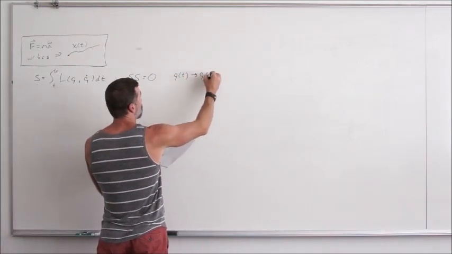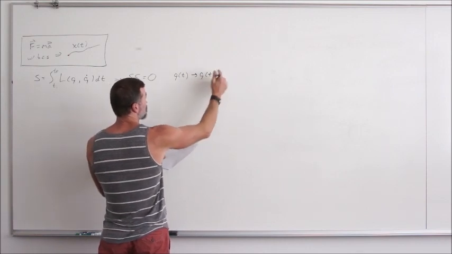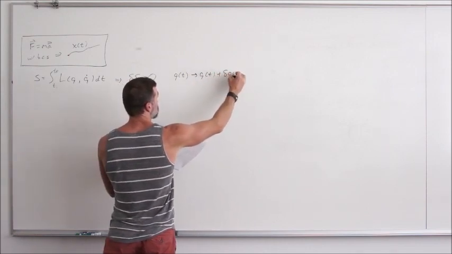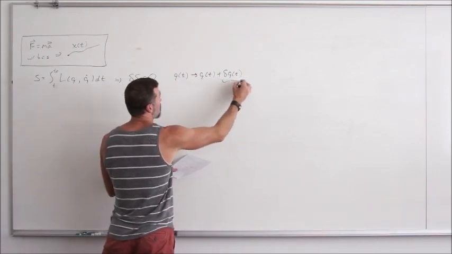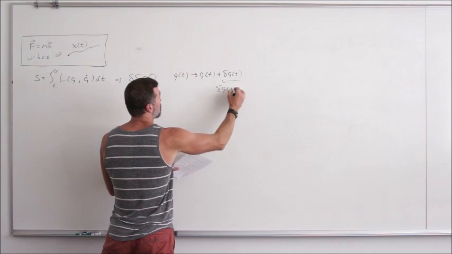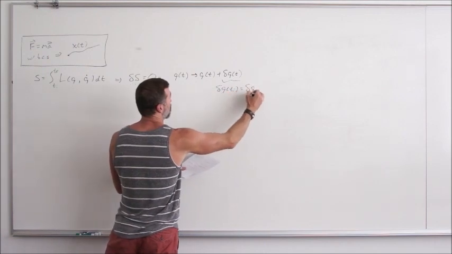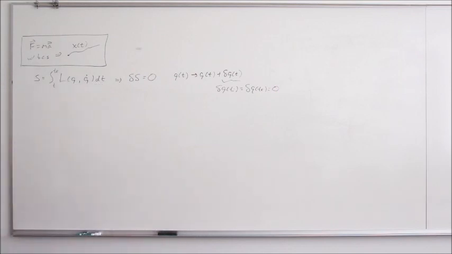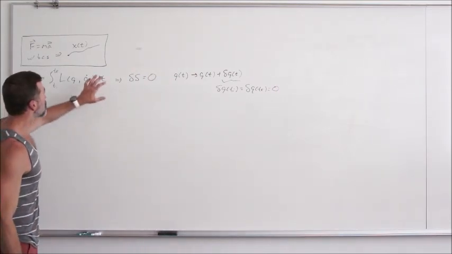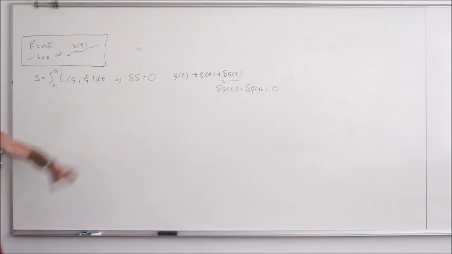So we take the trajectory, we give the trajectory plus some deformation. But this is subject to the vanishing of the variation at the endpoints of the trajectory. Okay, and that's a very important property that we use when we actually explicitly work out what this variation is.